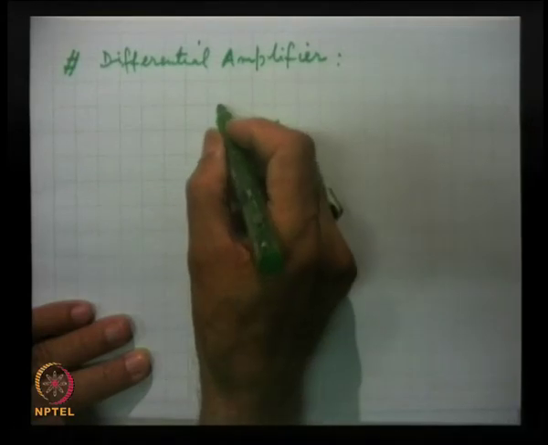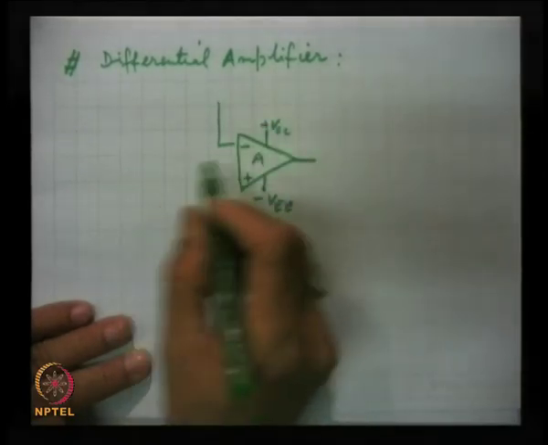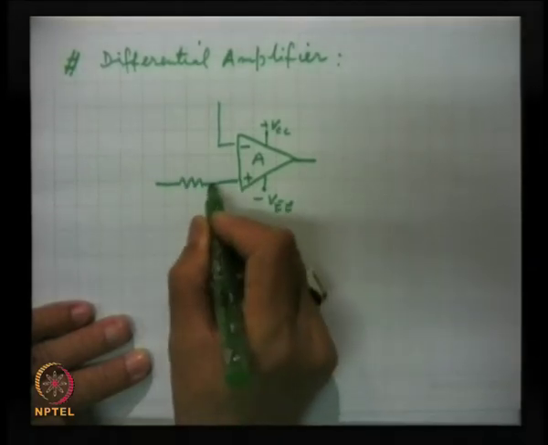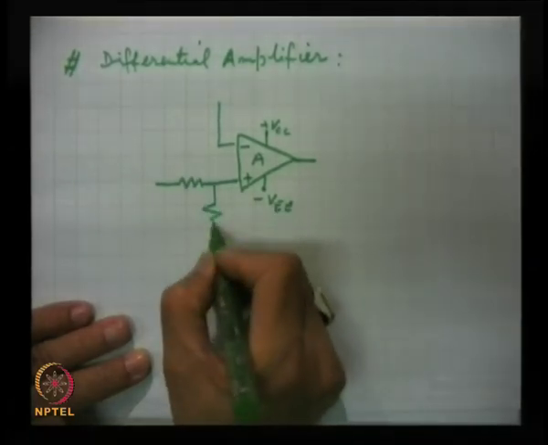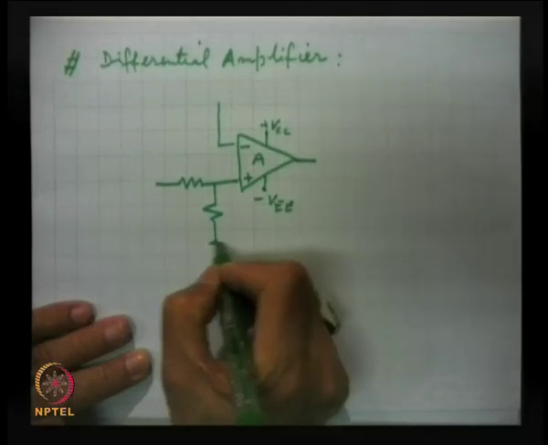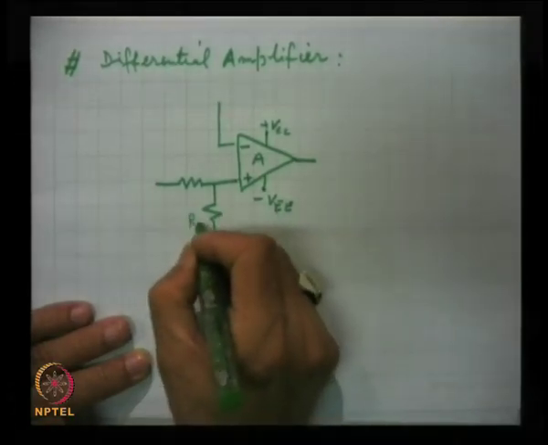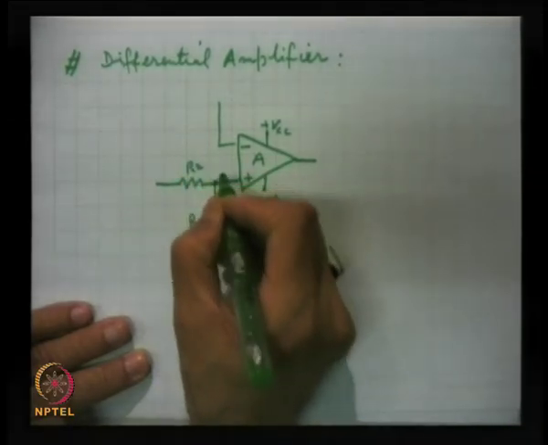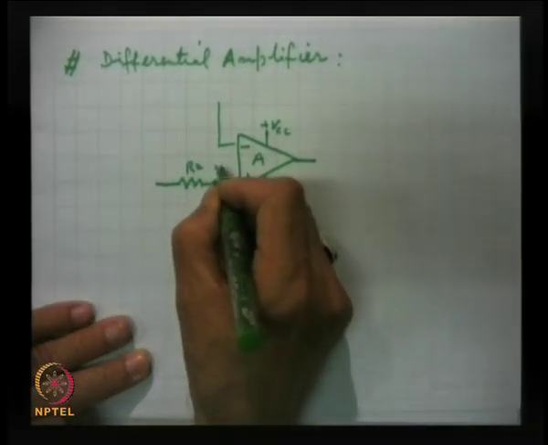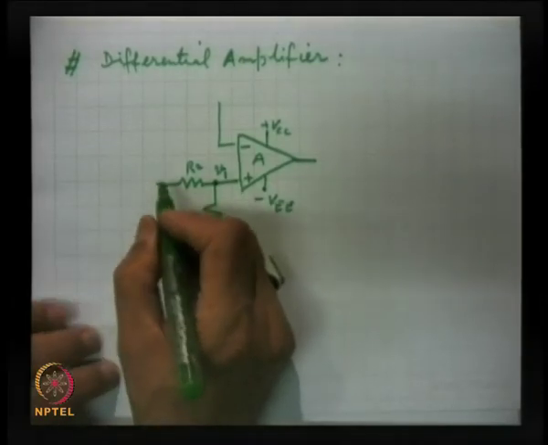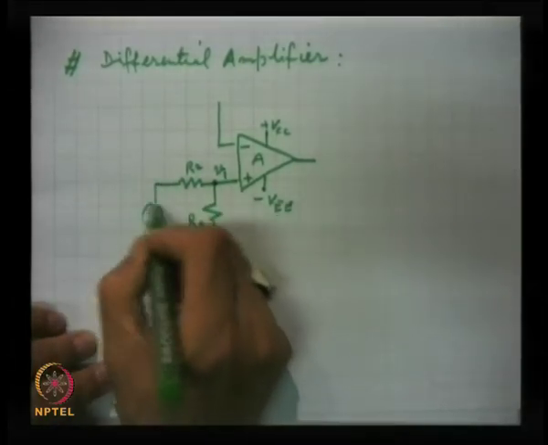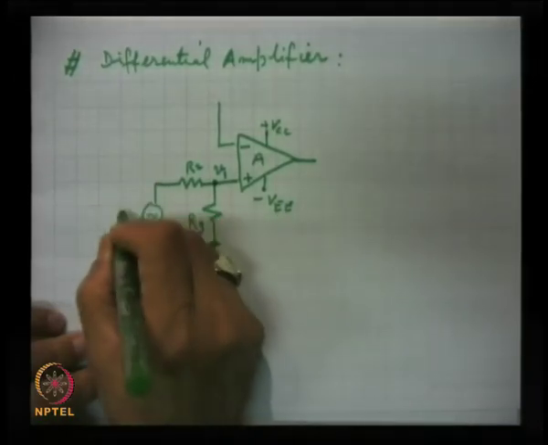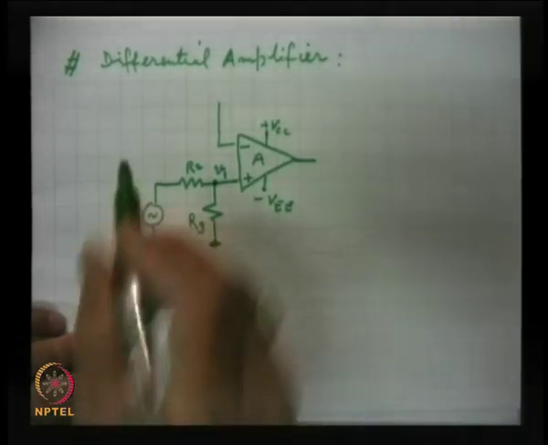Here we connect R3, R2, and this input voltage is V1, and here we apply the signal source VB.